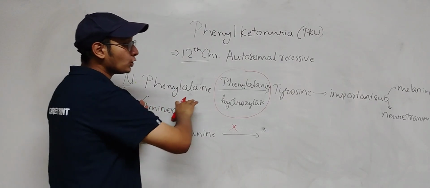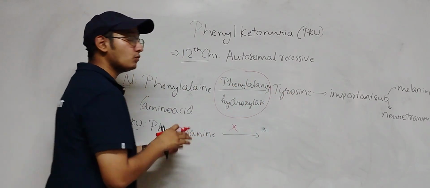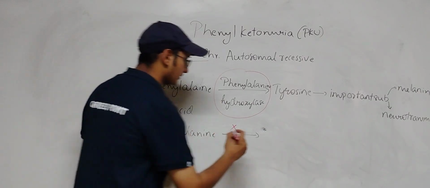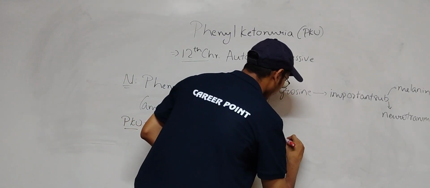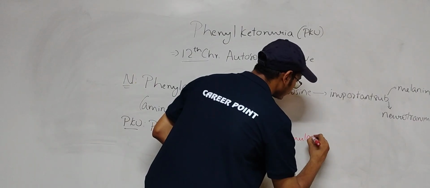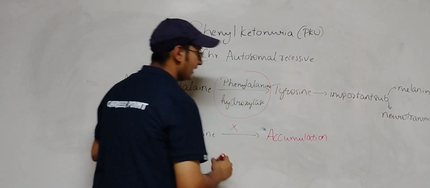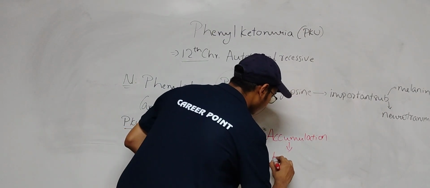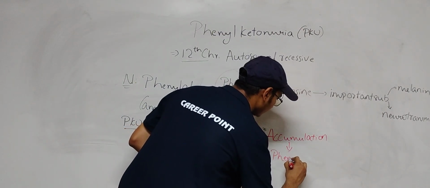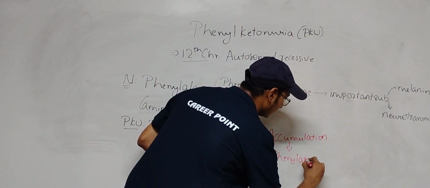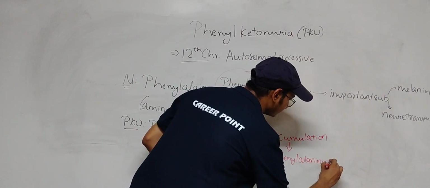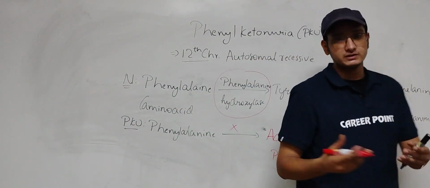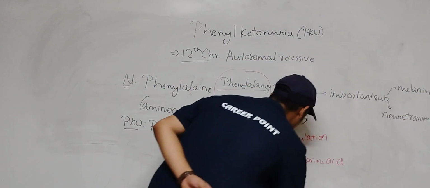So the phenylalanine cannot be converted into tyrosine. So now what will happen? Accumulation of phenylalanine will happen. This accumulation leads to formation of phenylpyruvic acid. And this acid is produced along with a few substances which are harmful in nature.